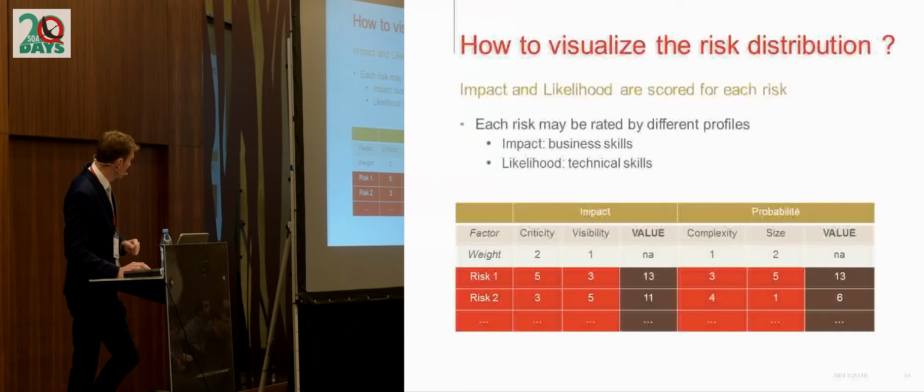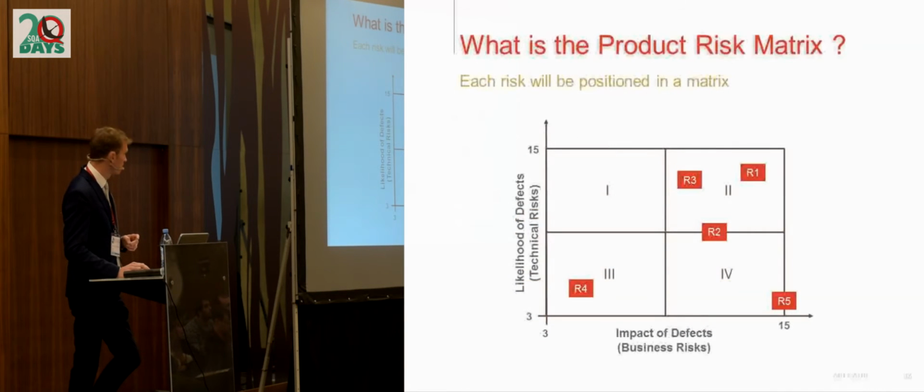And then you can represent that in the risk matrix. The suggestion of the method is to have 4 areas where you will position the different risks. And then we will start working on this matrix.